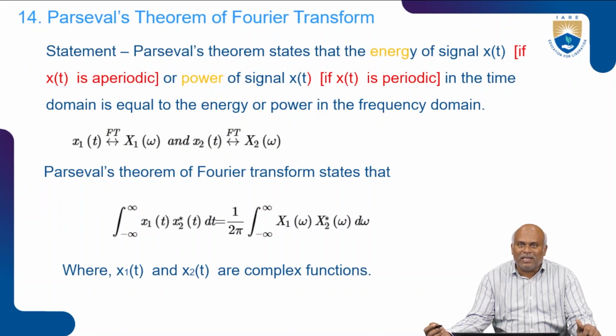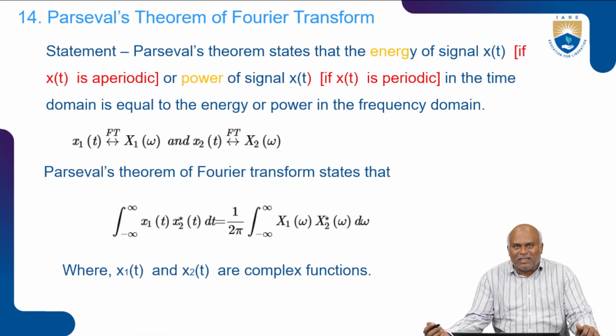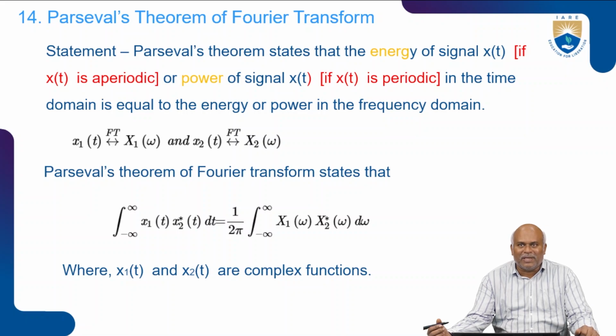The statement of Parseval's theorem: the energy or power of the signal x of t, if x of t is a periodic signal in the time domain, is equal to the energy or power in the frequency domain.